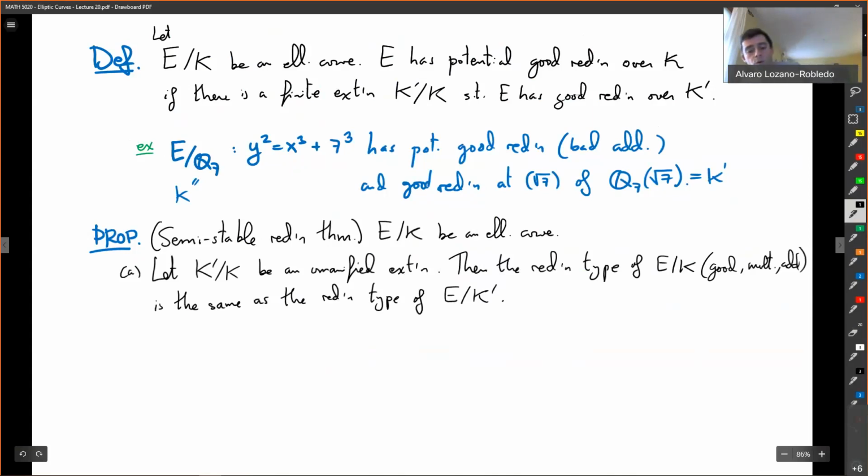So if you want to change the reduction type, you're going to have to work hard at it and use ramified extensions. In an unramified extension, you're not going to get rid of bad reduction. It's going to stay the same reduction you had over the base field.